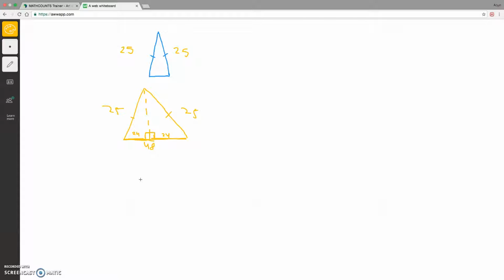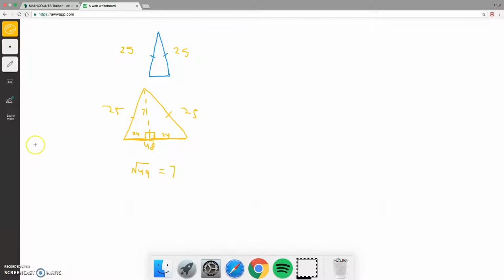So 625 minus 576 is 49. But wait, we have to take the square root of that. Since we were moving C squared to the other side, we have to square root both sides to get A. So make sure you see why this is true, and we know that the altitude now here is 7.